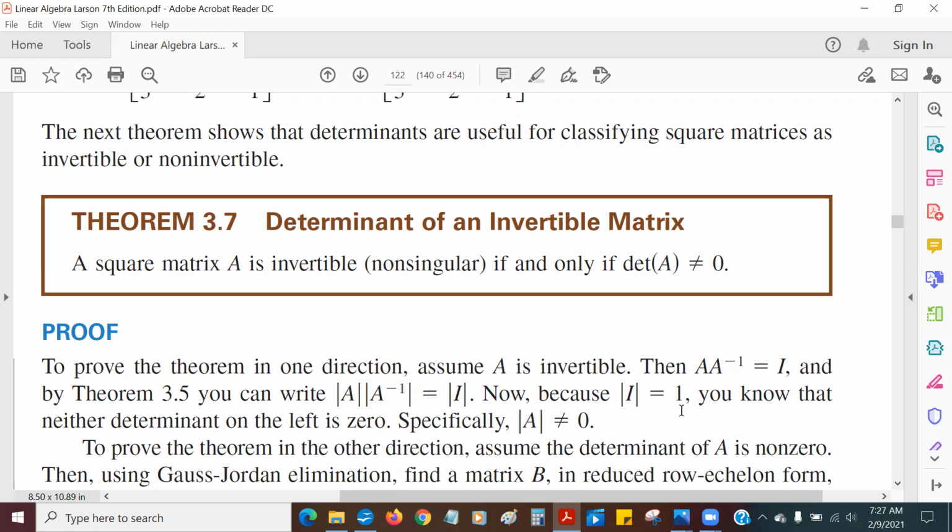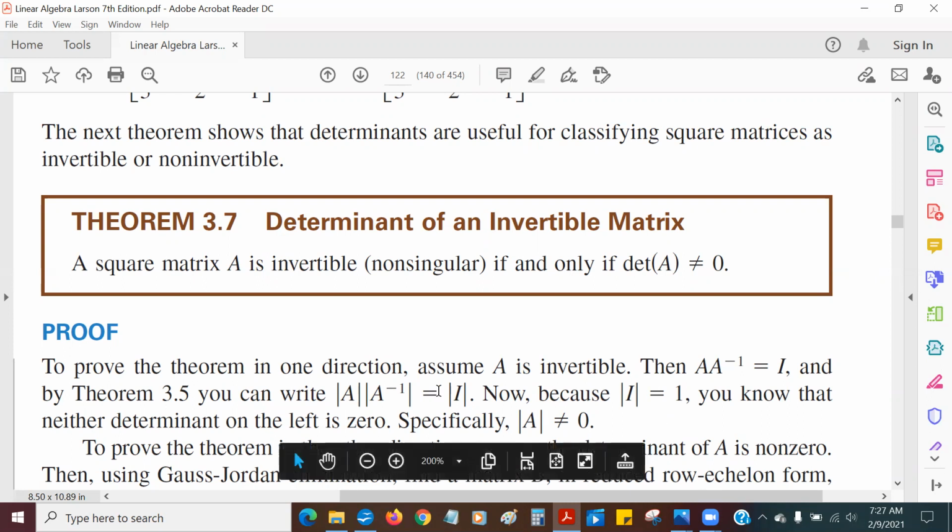But there, you have a product that equals 0, and if a product equals 0, at least one of the numbers has to be 0. Here, I have a product which is not equal to 0, so none of the numbers could be 0, because if any of the numbers were 0, the product would have to be 0, not 1.